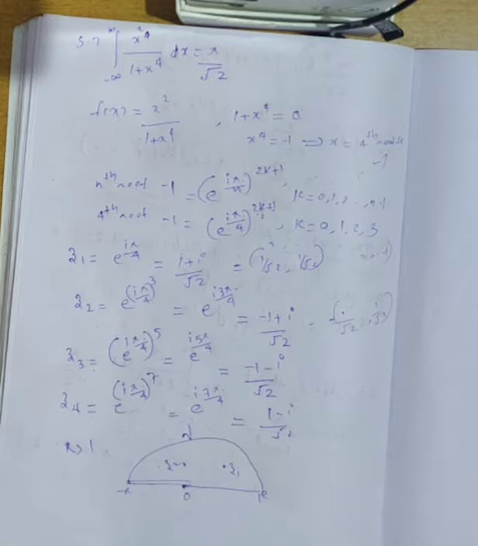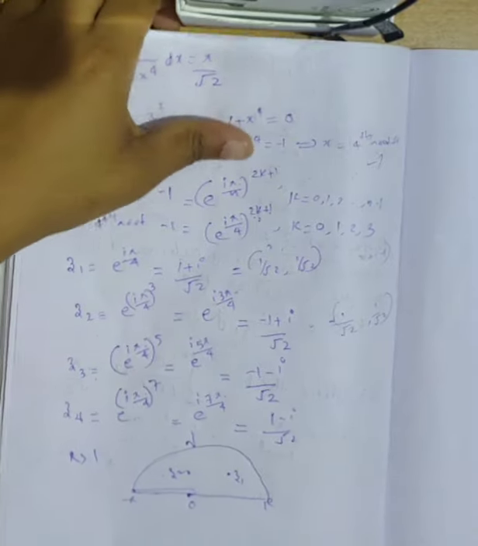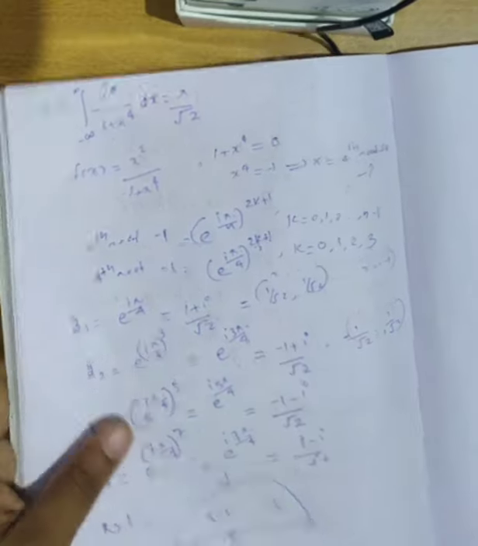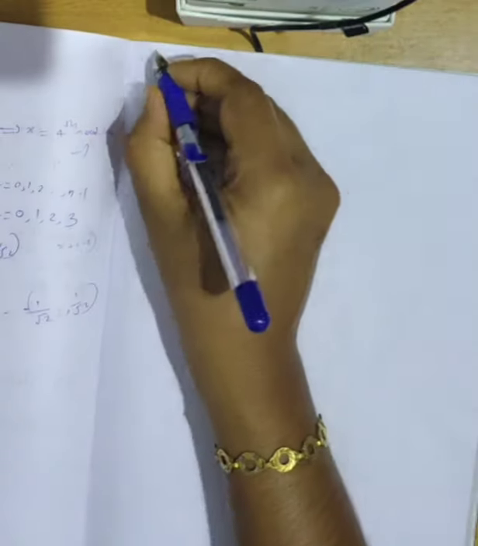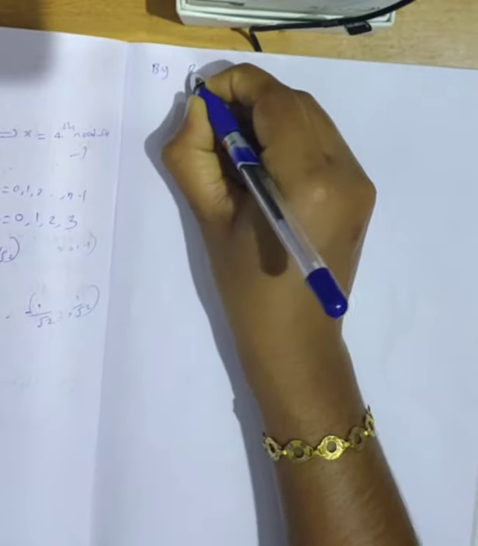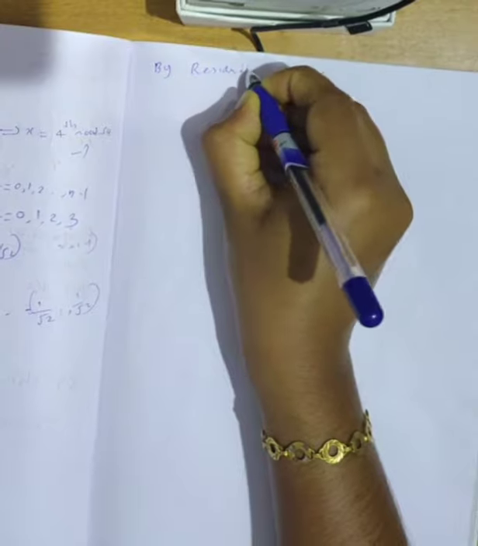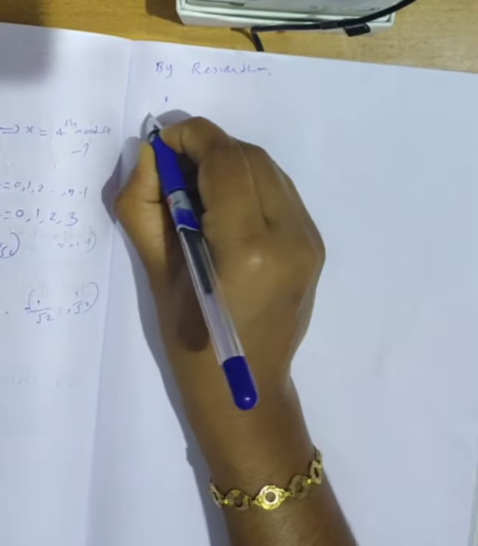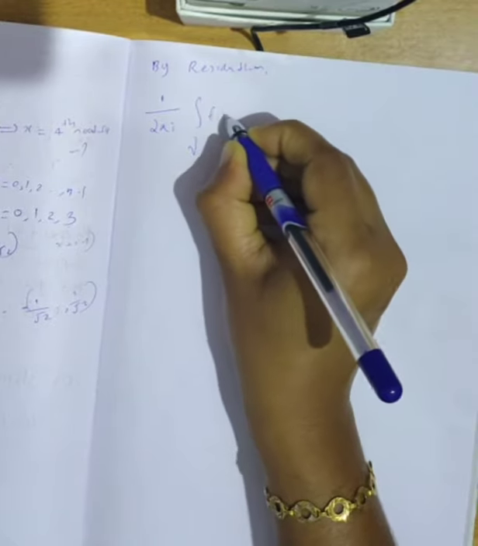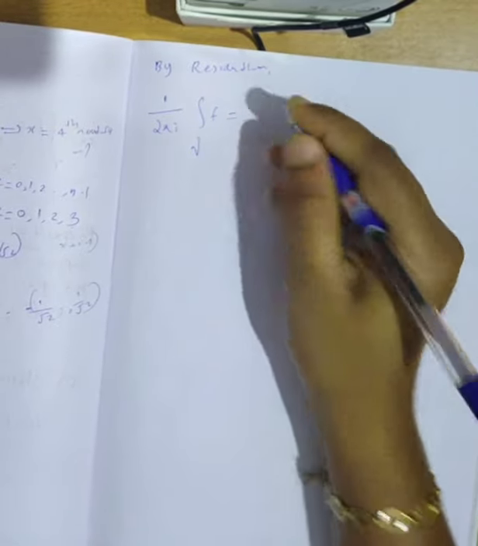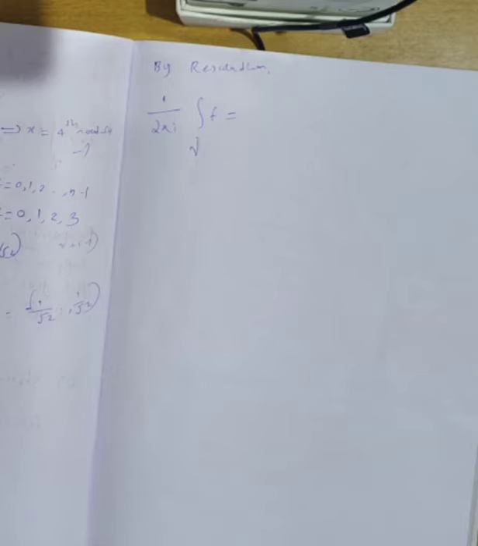Then by the residue theorem we have 1 by 2 pi I integral over gamma f equals the summation of n of gamma k, z k into residue of f comma gamma k.